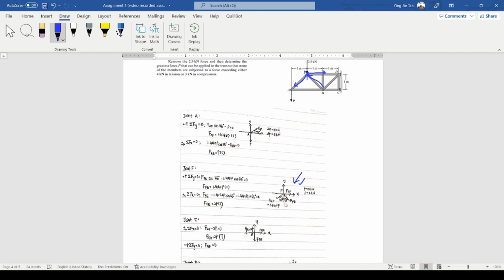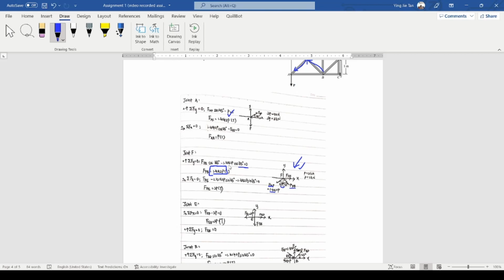You will resolve your FFB cos 45 to here, to here, and then this one FAF we know is this one here. Then we cos to here. After cos to here, you will get 0 because this is the y component. So after that, you will get FFB equals 1.4142P.